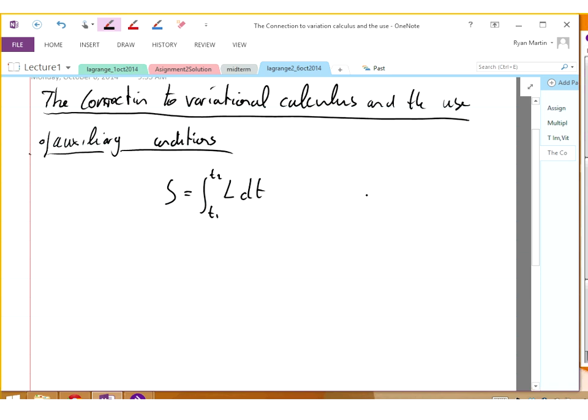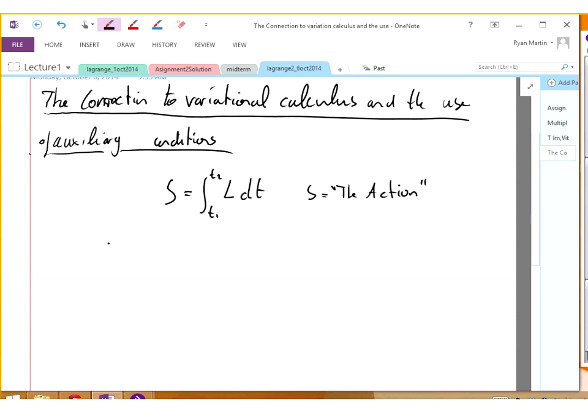L depends on a set of independent coordinates, where t is the independent variable, and in mechanics L depends on the generalized coordinates, which themselves depend on t.